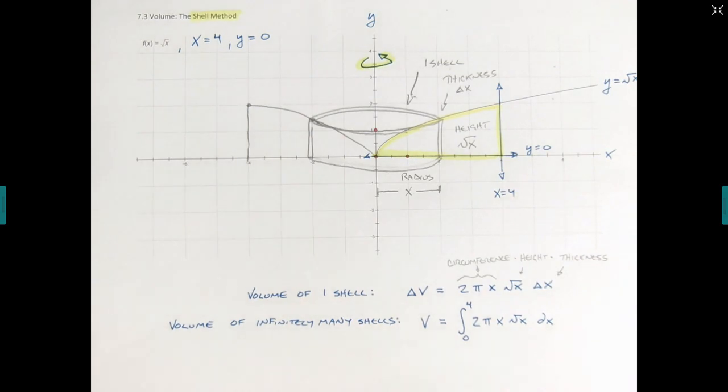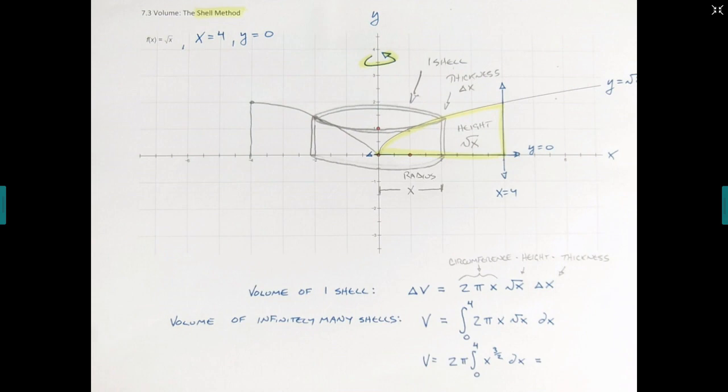And that'll give us the total volume. As we evaluate the definite integral, 2 pi is a constant, so I'll just put that out front. X to the 1 times x to the 1/2 is x to the 3/2, so the integrand is x to the 3/2, and then I have my differential dx.